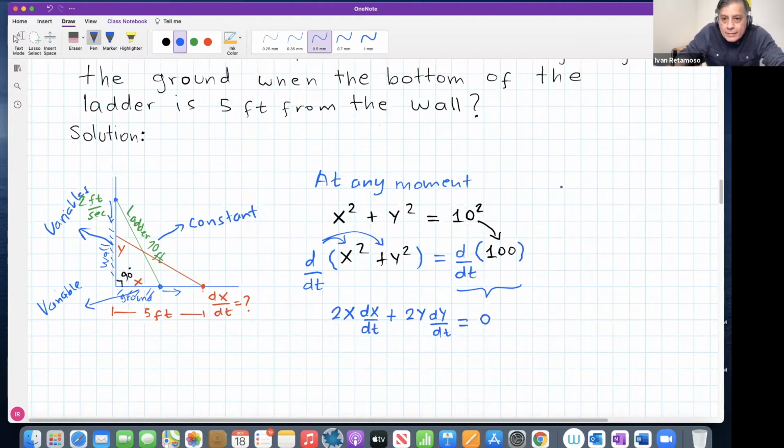So let me explain here on the side, okay? When you are taking the derivative of this, let's say x quantity, the distance from the bottom to the wall, we are doing this, right? Derivative of x with respect to time. And this is a square. So I want you to think of this as a function x that depends on time and an outside function, the square function.